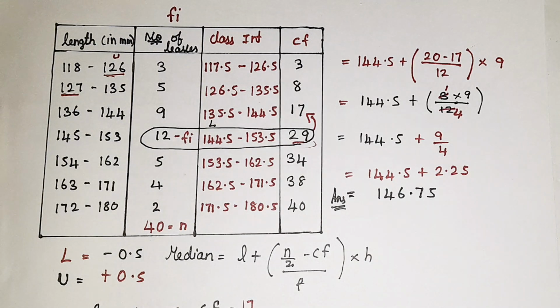So since you guys know, in this question, they were talking about leaves. They were measuring the length of the leaf, isn't it? So the meaning for this answer is, half of the leaves have less than 146.75 length. Okay, so rest of the half have more than 146.75. So finally we solved it.